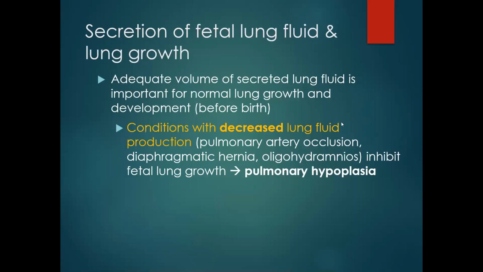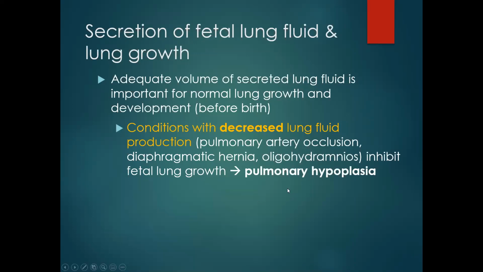Okay, so secretion of fluid and lung growth is very important. Like I've said, conditions with decreased lung fluid, such as oligohydramnios, or diaphragmatic hernia, because on the side where the diaphragmatic hernia is, that lung is not going to develop normally, and there will be a component of pulmonary hypoplasia.